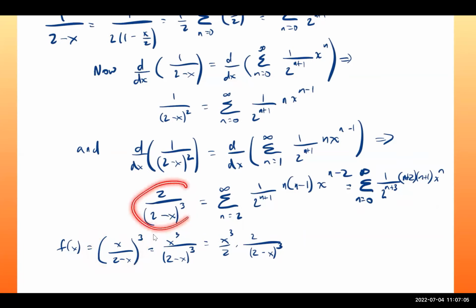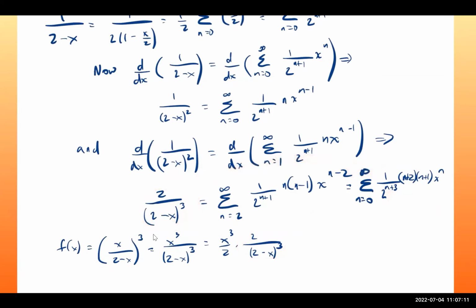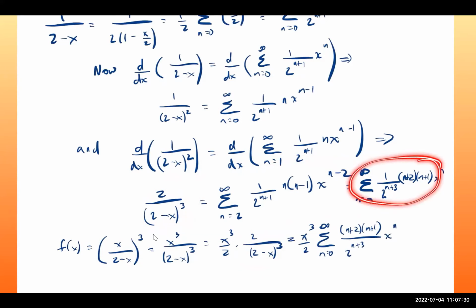Okay, so now, finally, we can use this representation here, substitute this into that, and we're going to have x to the third over 2, sum from n equals 0, n plus 2, n plus 1, all over 2 to the n plus 3, x to the n. So all I did was I brought this and I replaced that with this.